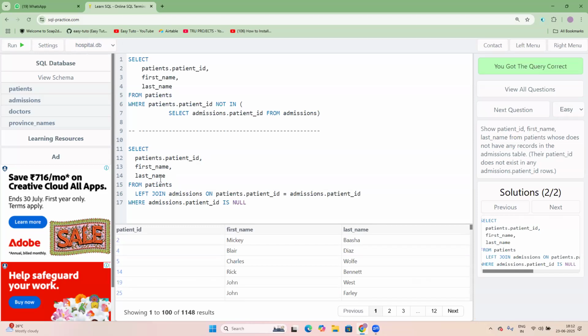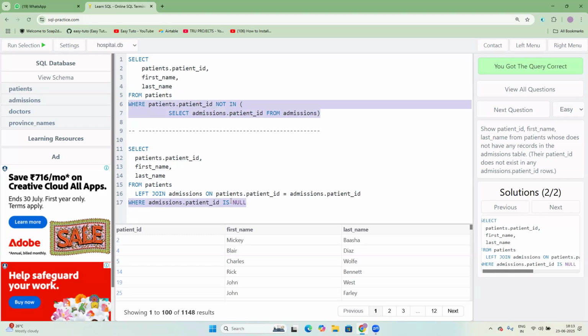Hello, Jay. Yes, Pawan. I have one doubt. In line number 17, where admission.patient ID not in patients.patient ID. Yeah, like this and this whole thing, both are the same.